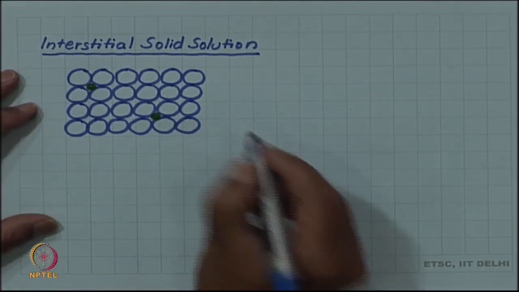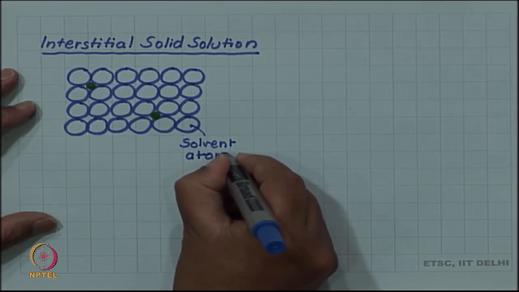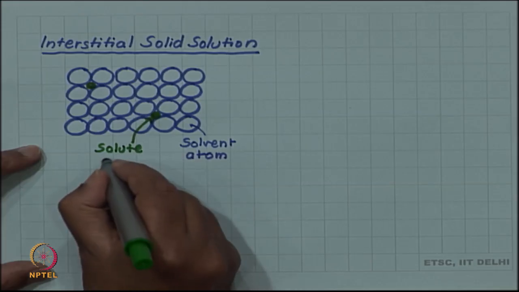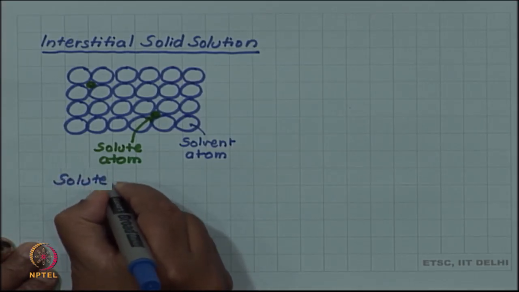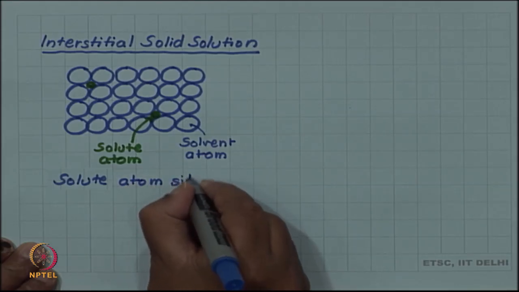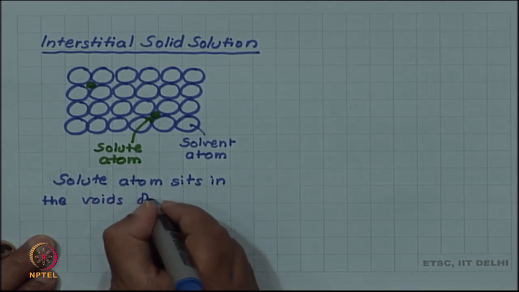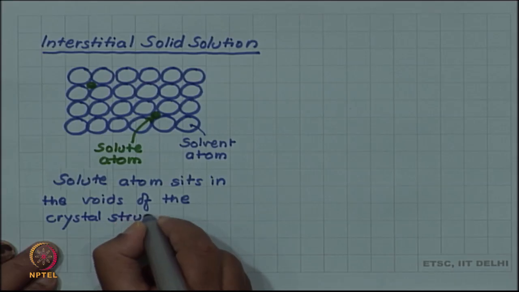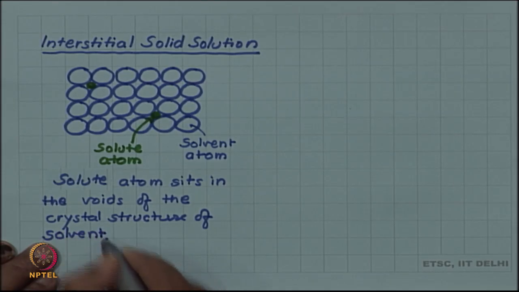I will call this a solvent atom, and this a solute atom, and you can see that the solute atom sits in the voids of the crystal structure of solvent.